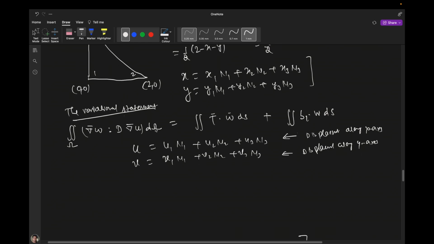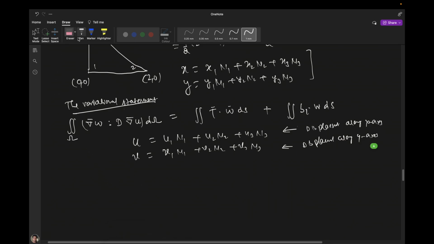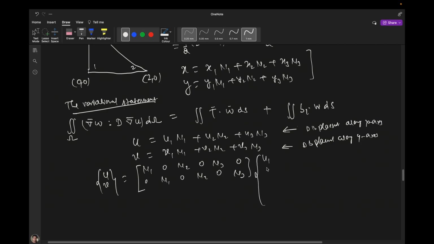Okay, and if I want to write the displacement in the form of a matrix, I can write u v as like this: n1 0, n2 0, n3 0, and similarly 0 n1, 0 n2, 0 n3, and here it will be what? u1, v1, u2, v2, and u3, v3.